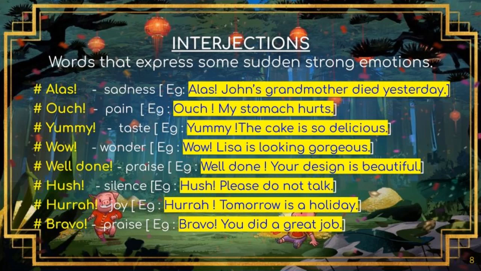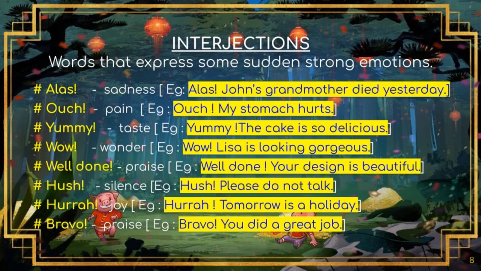For example, Well done, your design is beautiful! Let us move to the sixth one, that is whoosh. It is used to express silence, or it is used to tell someone to be quiet. For example, Whoosh, please do not talk!